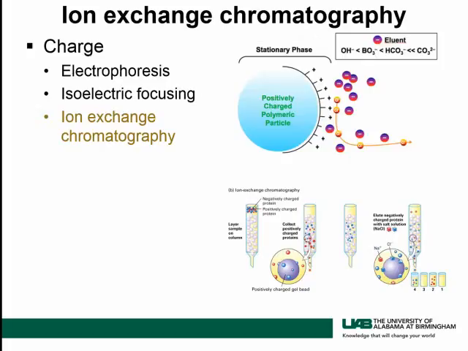Okay, so let's look at this right here, for instance. So you have the matrix, and then you have the positively charged groups that are attached to it. If you run the protein samples along here, every protein that is negatively charged will be bound to this. Okay, so let's say that you understand the charge on the protein of interest that you have.